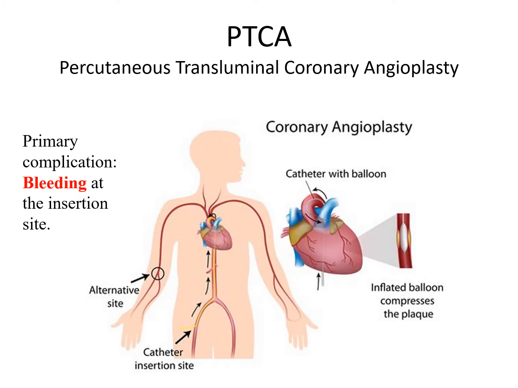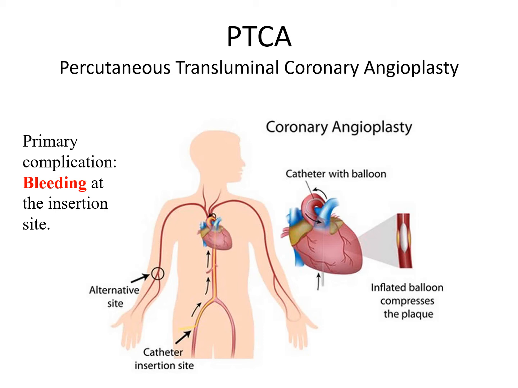We find another term, PTCA, which stands for percutaneous transluminal coronary angioplasty. So PTCA is another term that we'll be hearing in the cath lab, and that's what it's referring to.